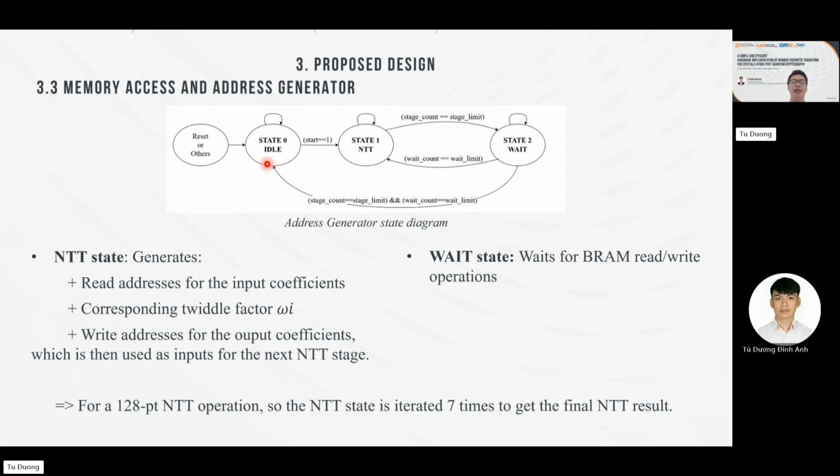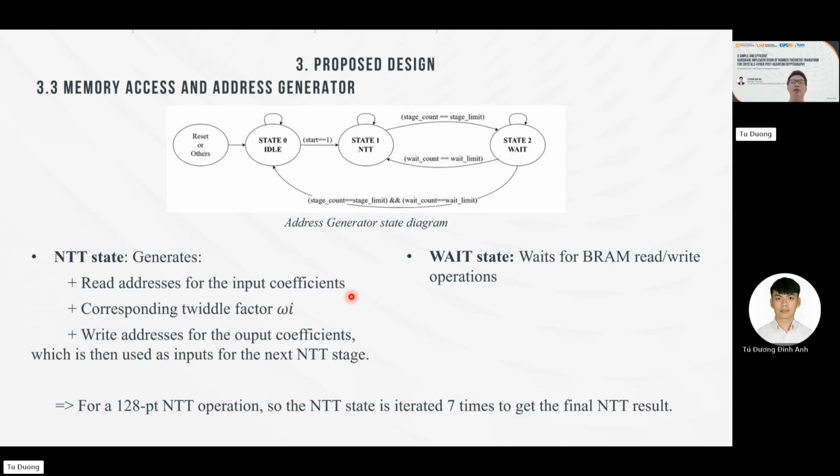The first state is the idle state, the second one is the NTT state, and the third one is the wait state. In the NTT state, it generates the read address for the input coefficients and the read address for the corresponding twiddle factor for the NTT block.